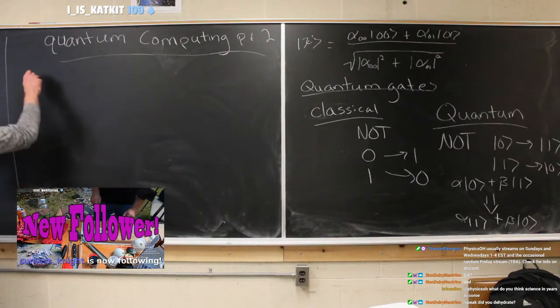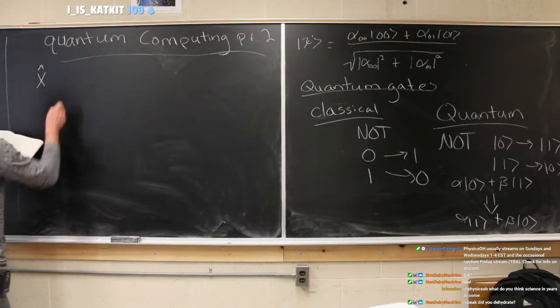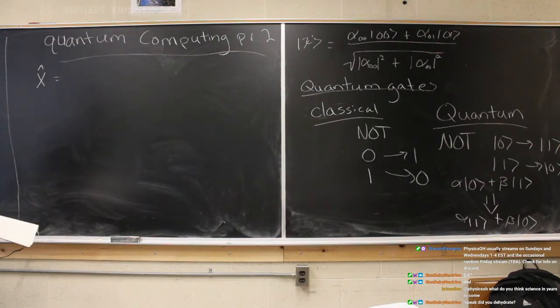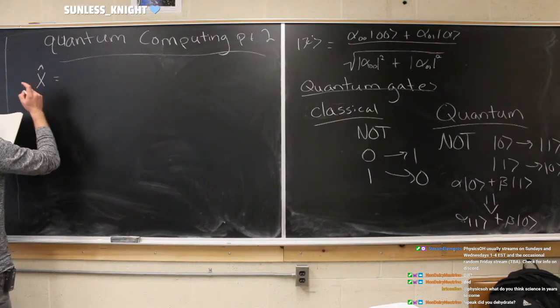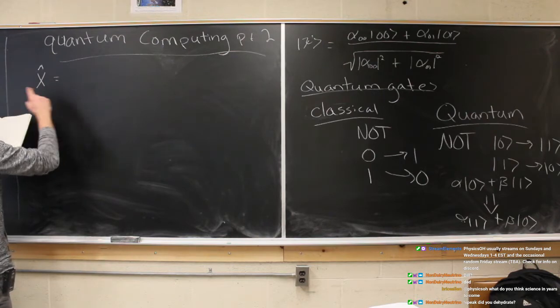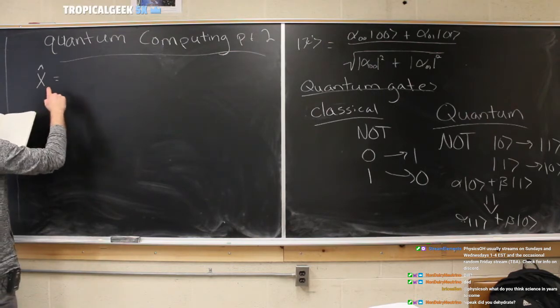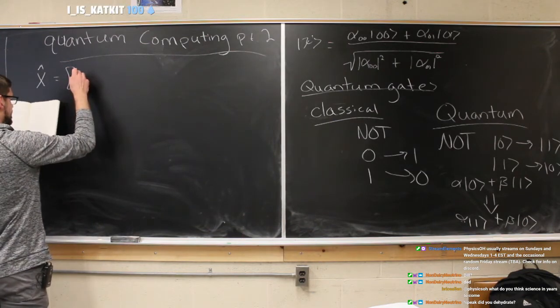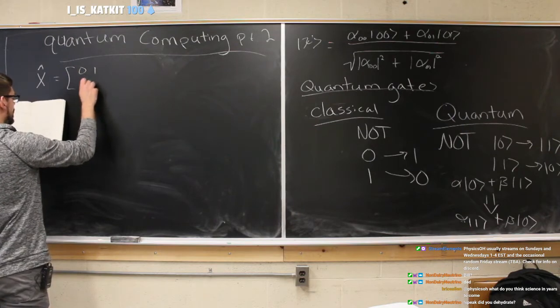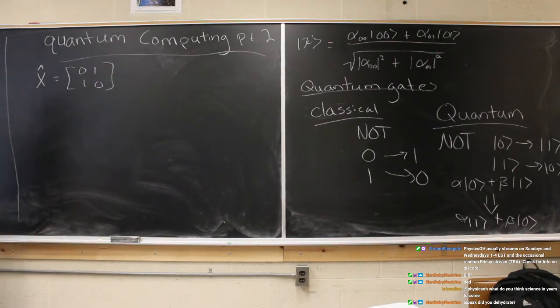So we can talk about the matrix form of these quantum gates. The NOT gate traditionally has the letter capital X, and it has the matrix 0, 1, 1, 0. Why this matrix specifically?